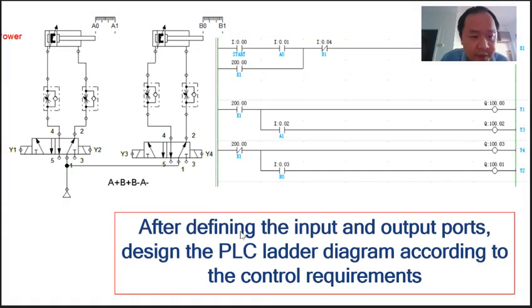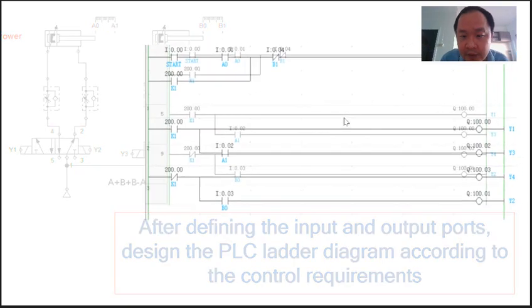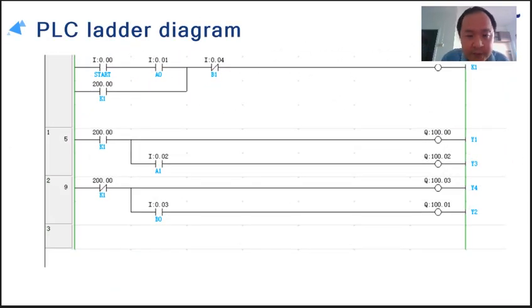And after dividing the input and output points, design the PLC ladder diagram according to the control requirements. This is the ladder diagram. And next, I will explain the ladder diagram. After pressing the start button, I0.00 is turned on, and I0.01 is turned on by default.